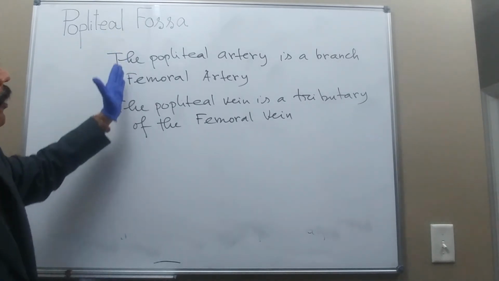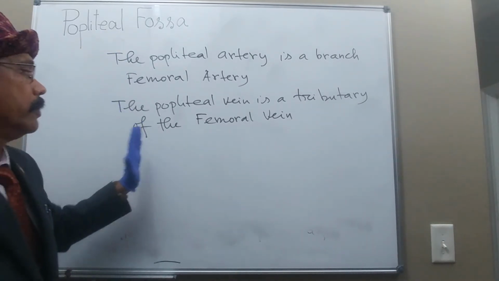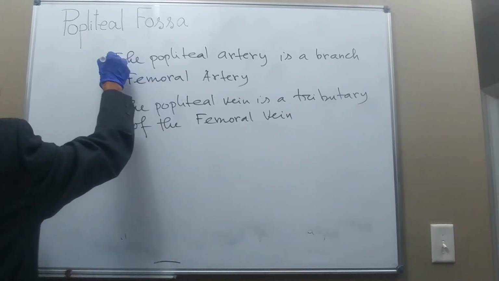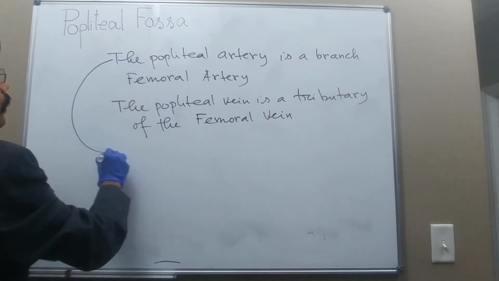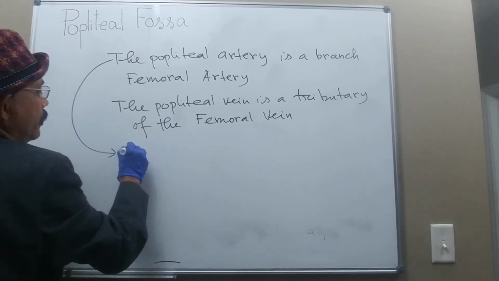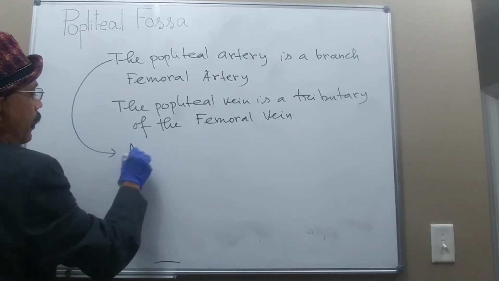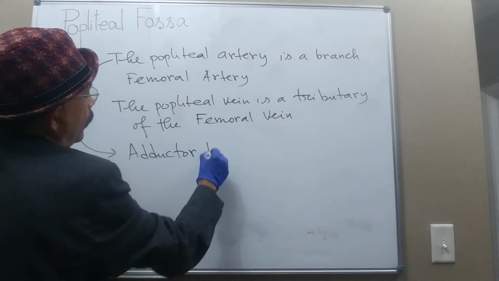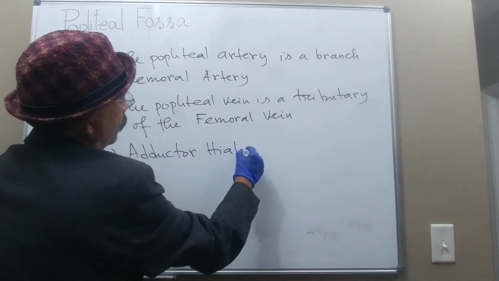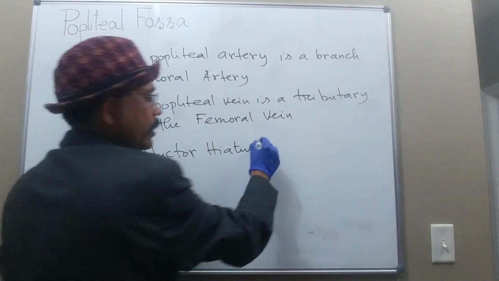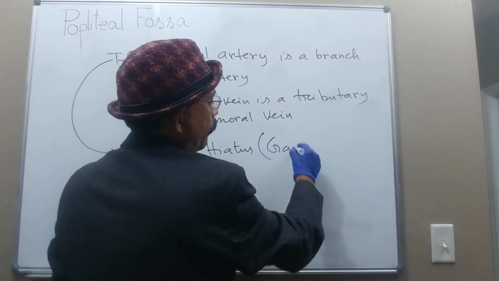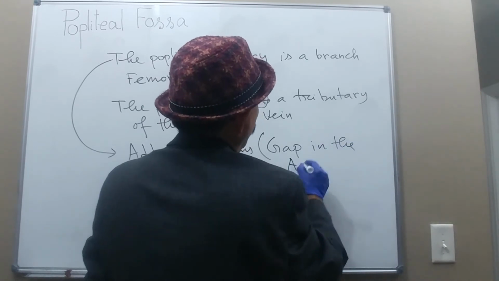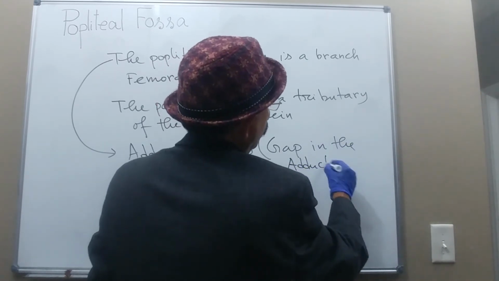They reach the popliteal fossa through the adductor hiatus. This artery is a branch of the femoral artery. It passes through the adductor hiatus, that is a gap in the adductor magnus.